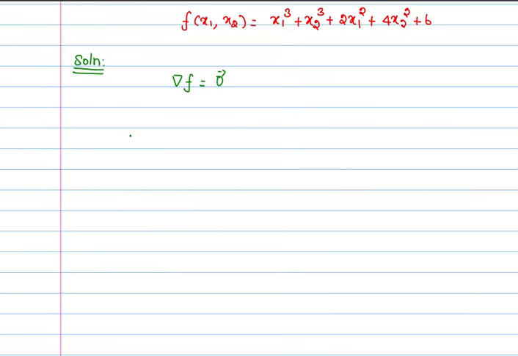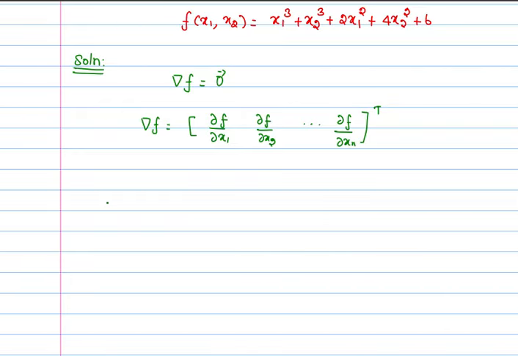What is the gradient of f? The gradient of f equals dou f by dou x1, dou f by dou x2 and so on, dou f by dou xn, transpose, correct? So it's a column vector.